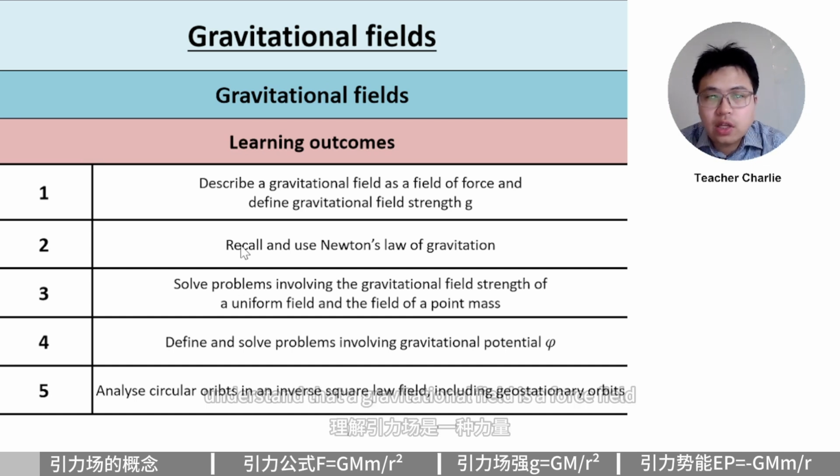Firstly, understand that a gravitational field is a force field, and define the gravitational field strength, g. Secondly, master Newton's law of universal gravitation. Thirdly, learn how to calculate the gravitational field strength of uniform fields and point masses.